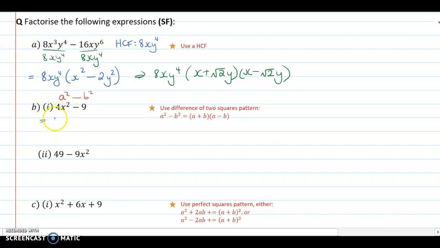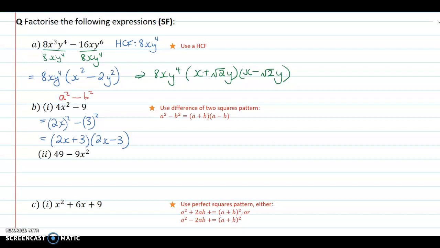And if I think about that carefully, I've got 2x squared minus 3 squared. So the A is representing my 2x, the B is represented by the 3. So I know that that can factorize nicely into 2x plus 3, 2x take 3. And we're done with that one.